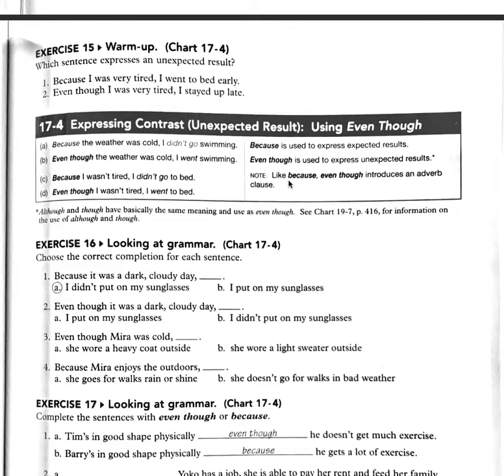So, if you say something like, even though Ricardo followed the recipe to make pancakes, they didn't come out the way he wanted them. And you could say, because Itzel used her mother's recipe to make pancakes, they came out delicious.